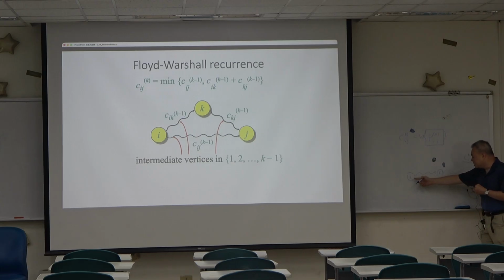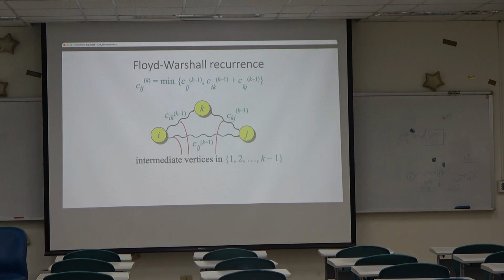Okay, and then the cost for the whole path will be this one plus this one. So this is assuming we use k in the middle.